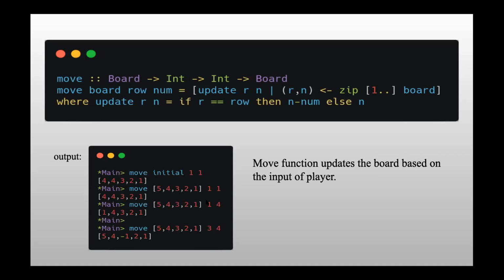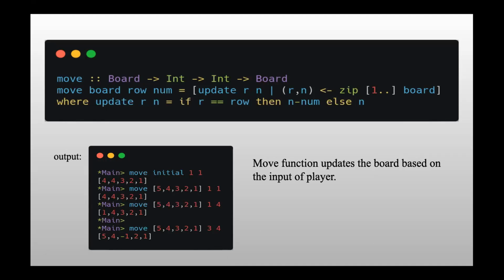Once we check the valid number, we'll make the update by using the move function. It will take board and 2 integers as an input and will return board. First here it is doing list comprehension. For that board, as we are having 5, 4, 3, 2, 1, we are zipping it with row numbers which is starting from 1.